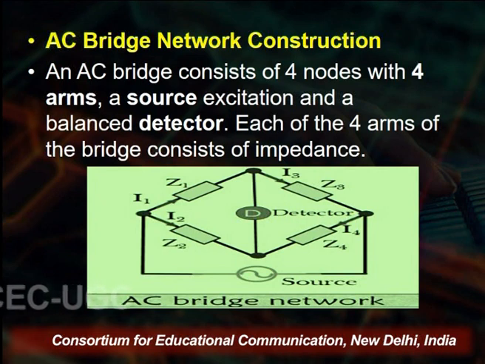Each of the 4 arms of the bridge consists of an impedance. So Z0, Z1, Z2, Z3 are the 4 impedances in the bridge. As we talk about the AC bridge, we are measuring the impedance.